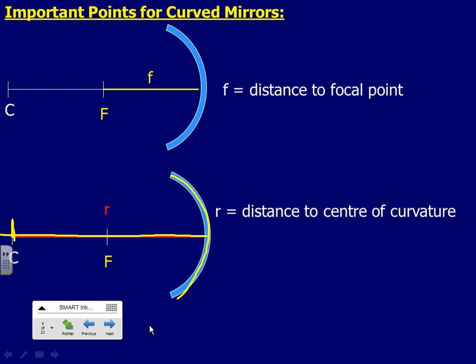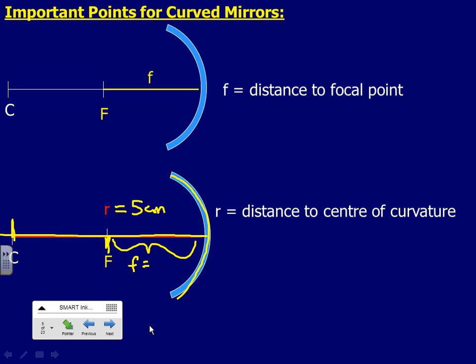What does that make the length then for F? If you've chosen 5 centimeters as your length out to C, in other words, if you've chosen R to be 5 centimeters, what is your little f going to be?